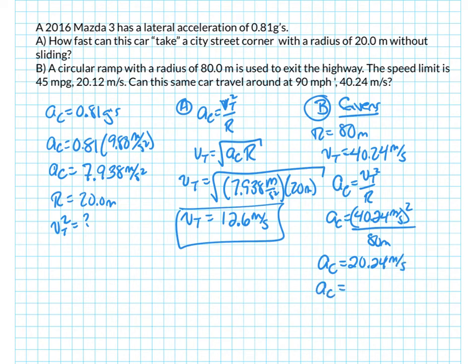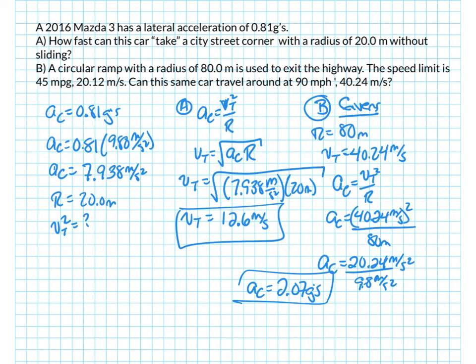In terms of Gs, if I divide this number by 9.8, when I do the calculations, AC is equal to 2.07 Gs. So that's what the curve is going to demand to make it at that speed.